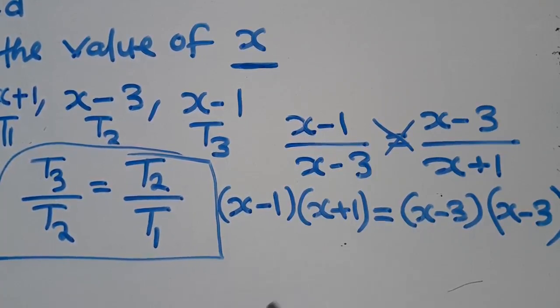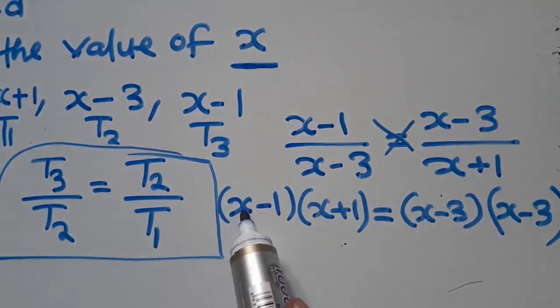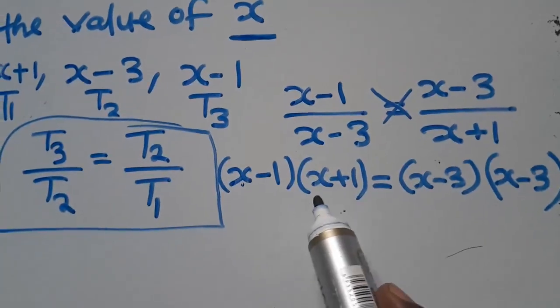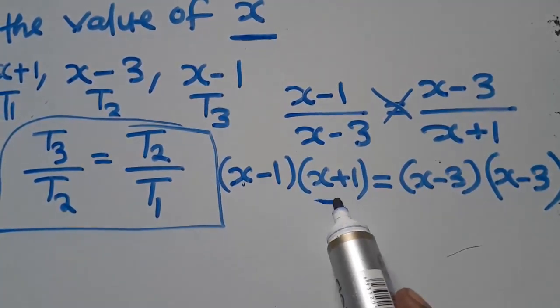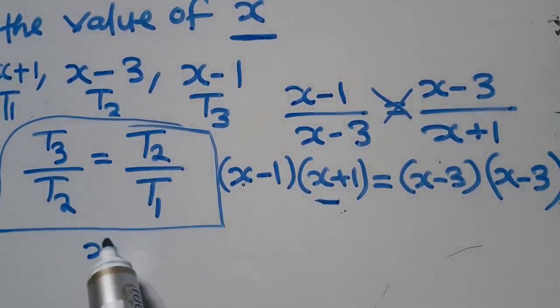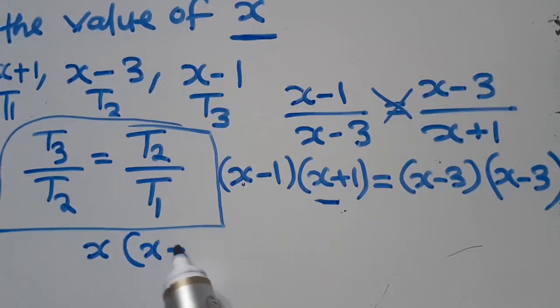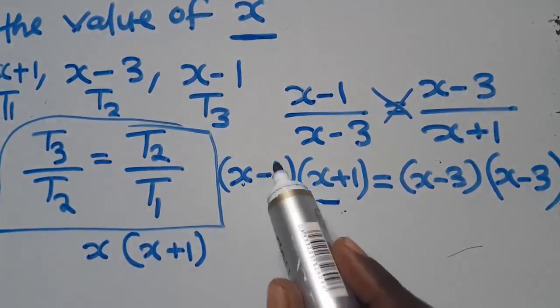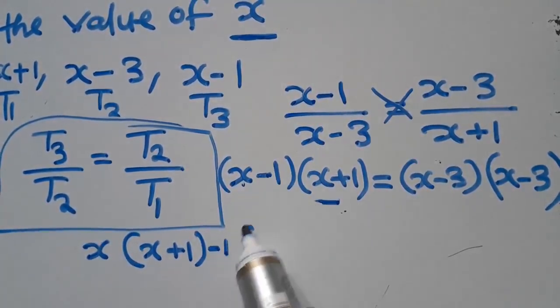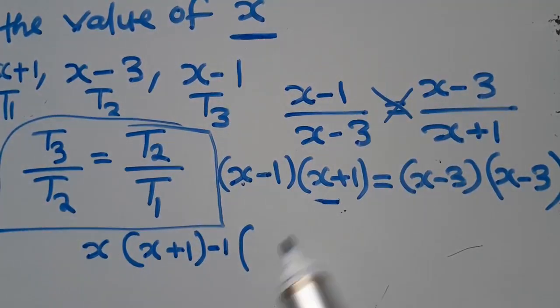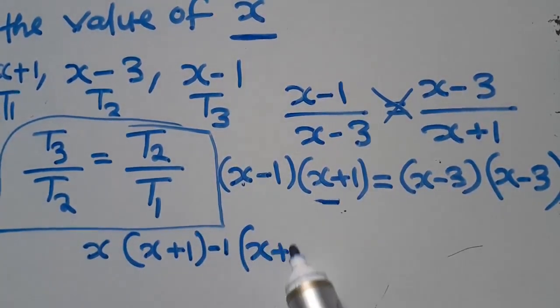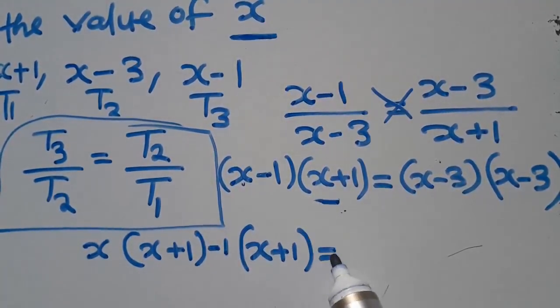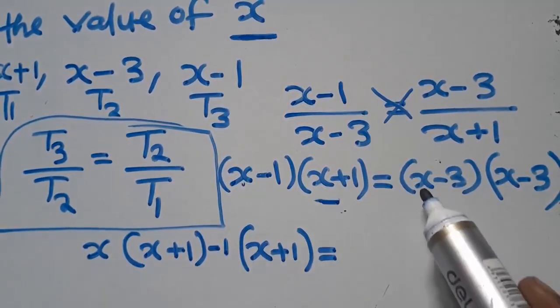Then you start multiplying. This x, you say x multiplied by x plus 1. You've got minus 1, you say minus 1 multiplied by everything in the same bracket, x plus 1. Which is equal to, you move to this one.